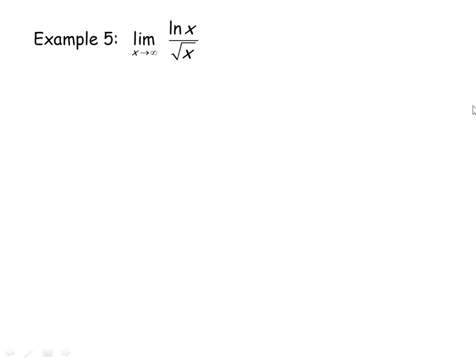If your degree is bigger on top, your limit's going to what? We're talking about degrees, so bigger on top goes to infinity.